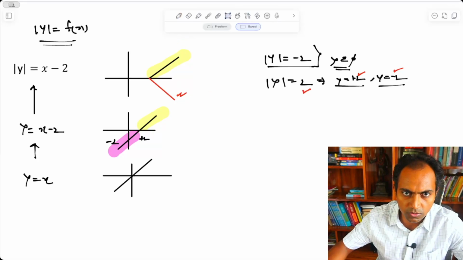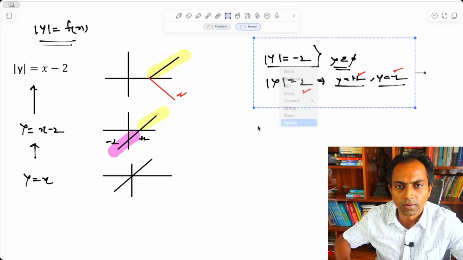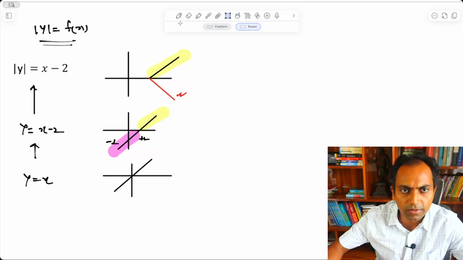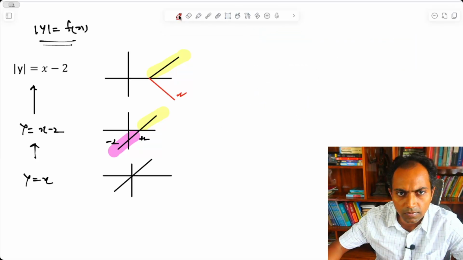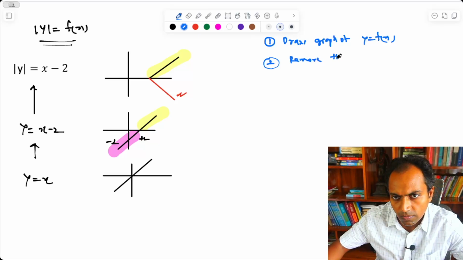So, if I want to write it down, what are the steps that we have? So, 3-4 steps we will write. The first step would be draw a graph of y is equal to f(x). Once you have drawn this, remove the part below x-axis.